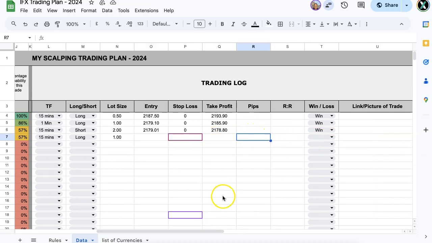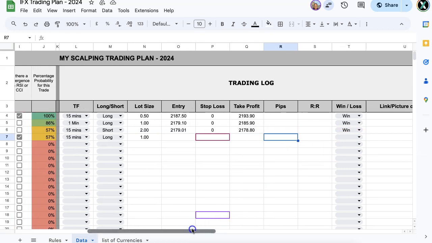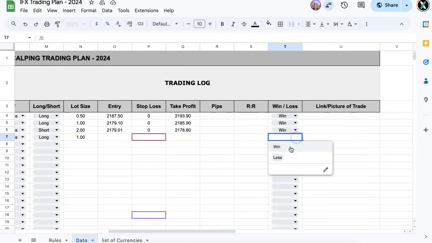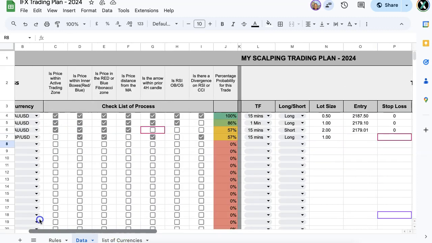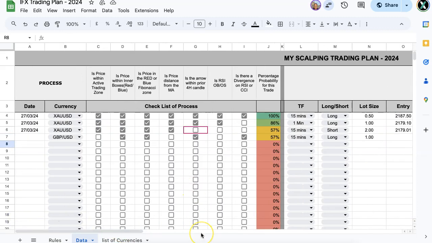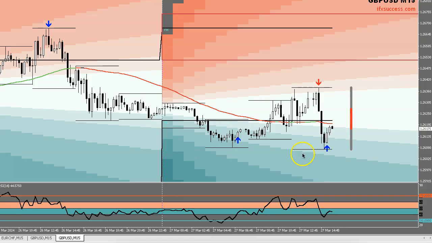And then whether you won or you lost this entry, so win or loss. And then you can take a picture of that entry just in case, so it reminds you what the pattern was, right? So more or less it will give you the nice pattern, so you can make sure that when you see it, then you will take action.